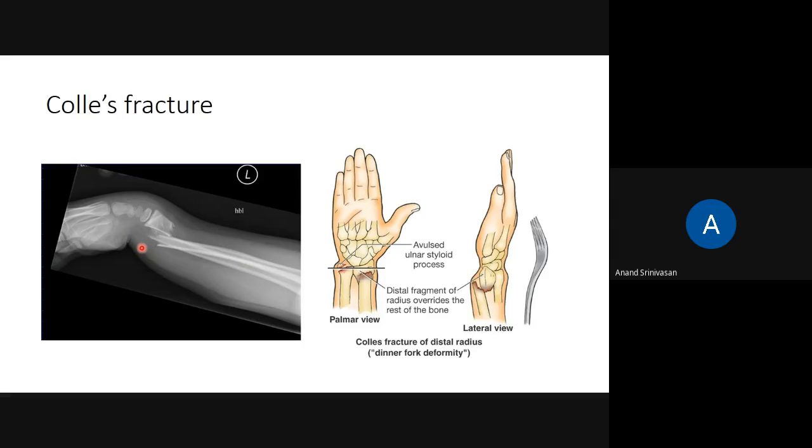So any person who comes with a fracture, you need to do the tests for the median, radial, and ulnar nerves and see if they are intact, because hands are very important in humans. That's why injury to the hand should never be neglected. Any injury to the upper limb, you need to check the integrity of the nerves as well as the vascular supply.